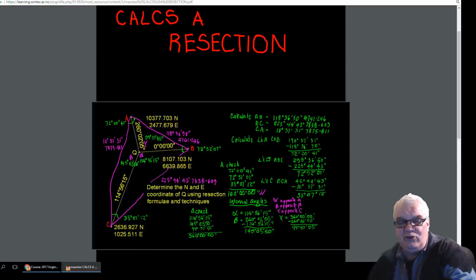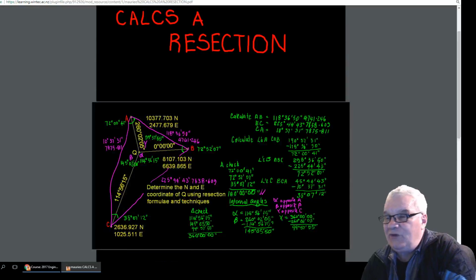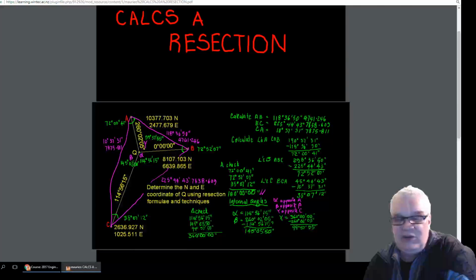Now with a total station, this tends to be called a free station type of situation, which we will hopefully be doing later in the year. But initially it was the resection, and this was quite a complex calculation when you consider that it wasn't done with calculators or computers.